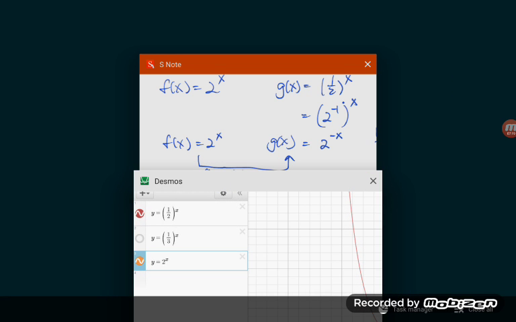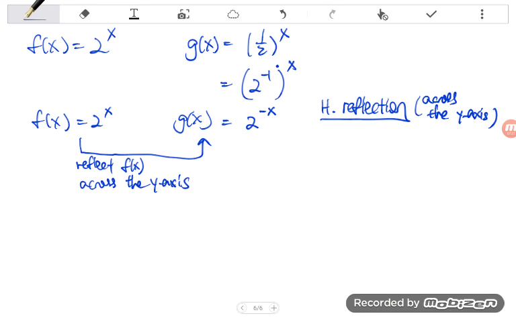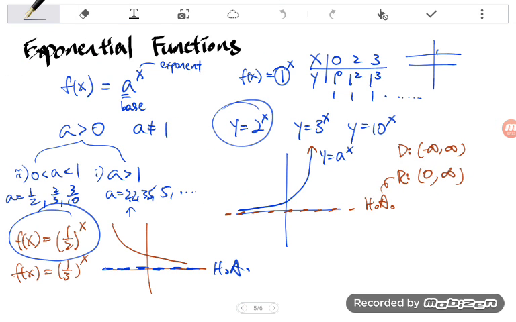Lastly, a few more terms that I would like to point out. We call graphs that look like this, where as you go to the right, your curve picks up and becomes steeper and steeper, exponential growth.